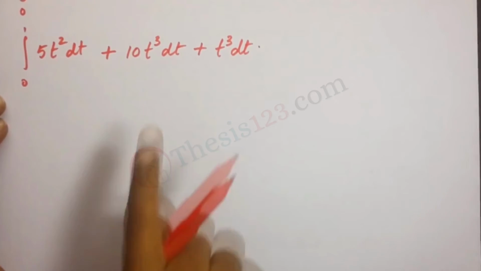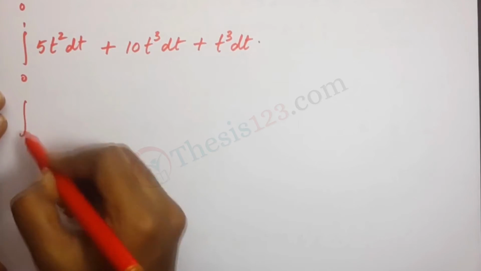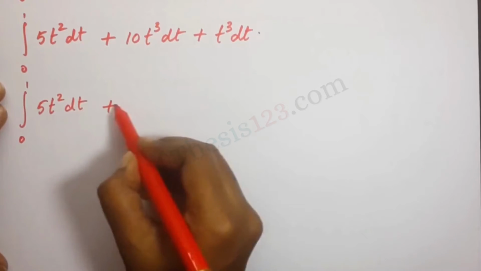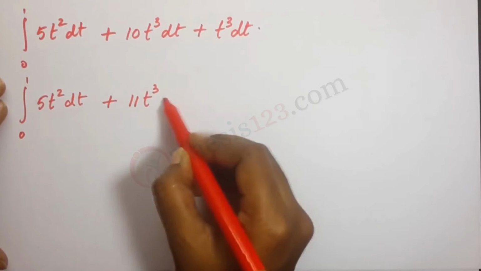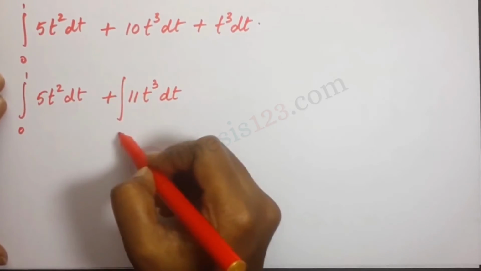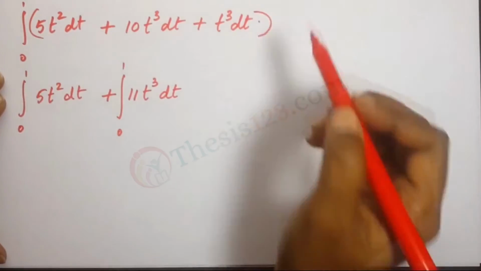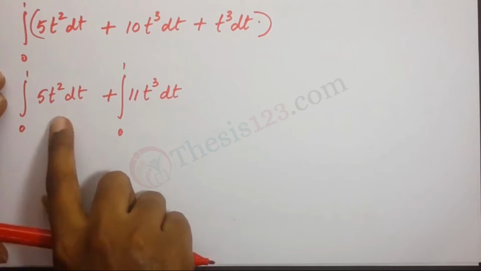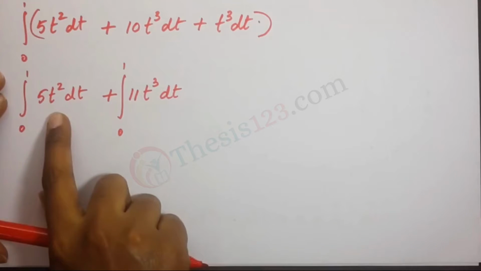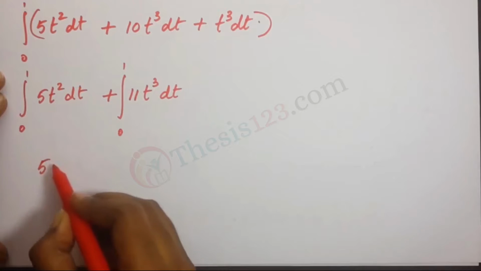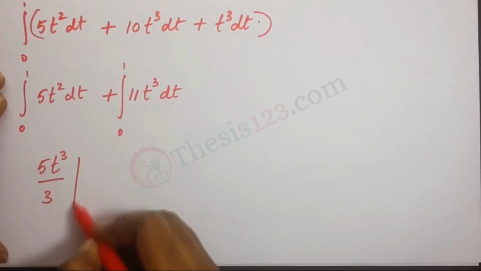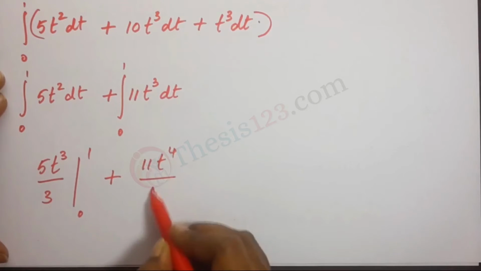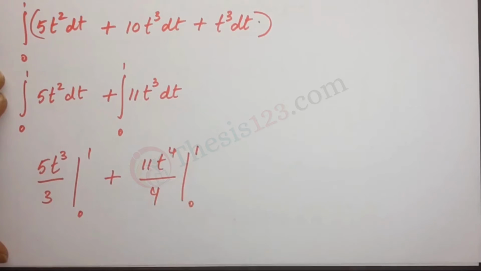Okay, so let's add both these terms here. We get 0 to 1, 5t square dt plus 11t cube dt. You can split this up here. Now we integrate each term. When we integrate 5t square, we get 5t cube by 3, 0 to 1, plus 11t power 4 by 4, 0 to 1.